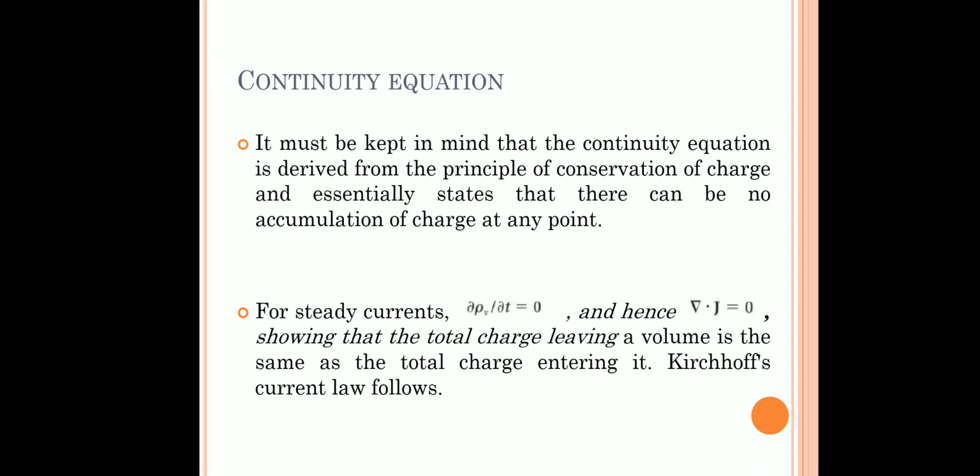For a time varying system, del dot J equals minus dou by dou t of rho v, or del dot J plus dou by dou t of rho v equals 0. It is the mathematical representation of the law of conservation of charge, and it is also called the continuity equation.